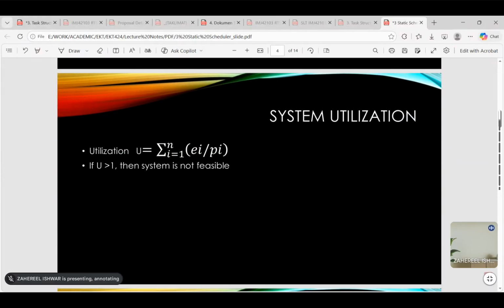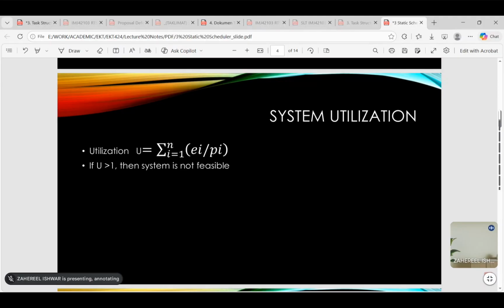Refresh system utilization must be E sub i over P sub i, summed, and logically, of course, U must be less than 1. If it's greater than 1, then we say the system is not feasible. Logically, why is that?